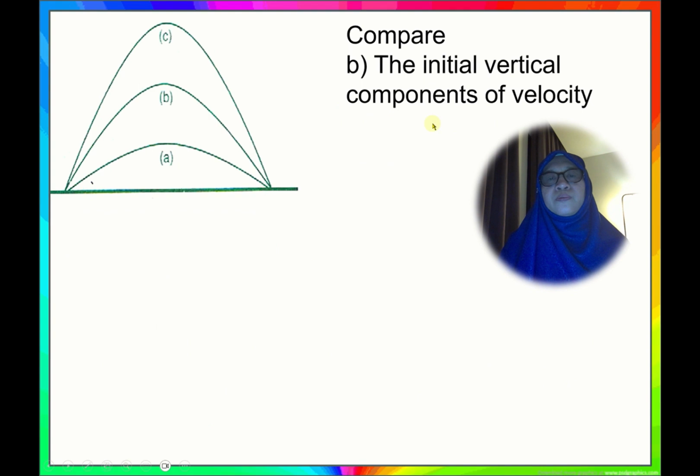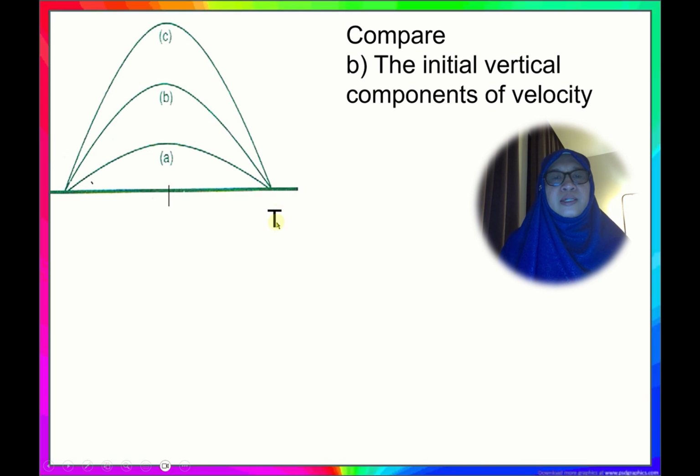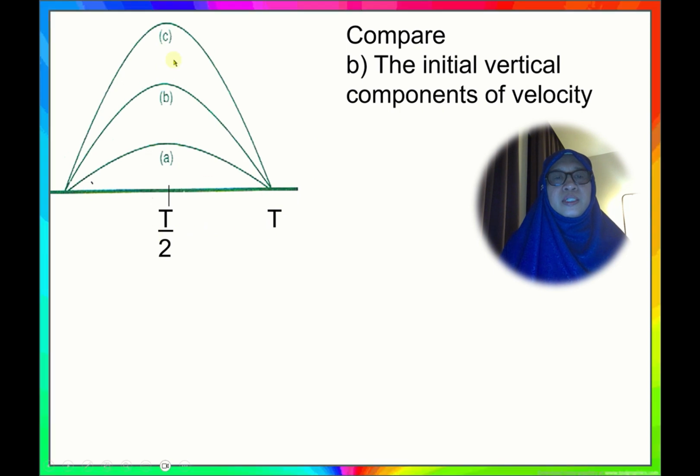Okay, next we go to question B, the initial vertical components of velocity. This time the vertical component, just now the x component. The time taken is still the same, t, and at the peak here, the time taken will be half of t, because this is projectile motion, so the shape is symmetrical.